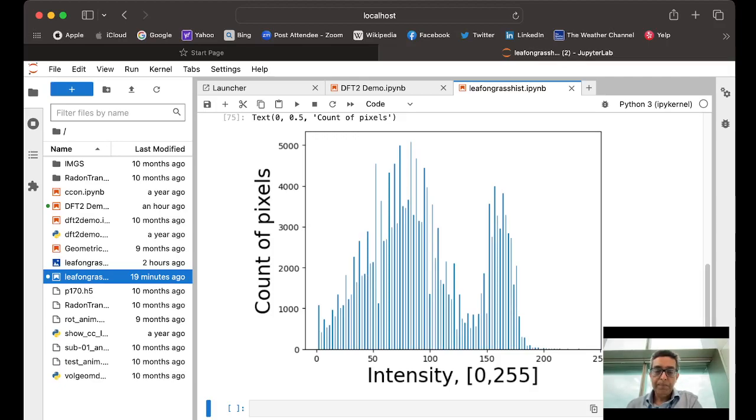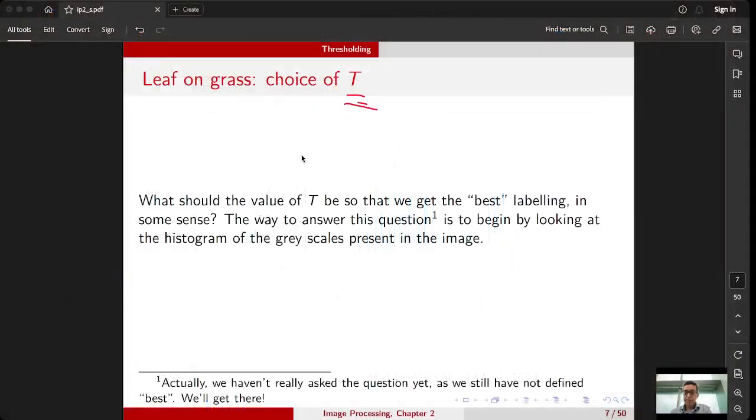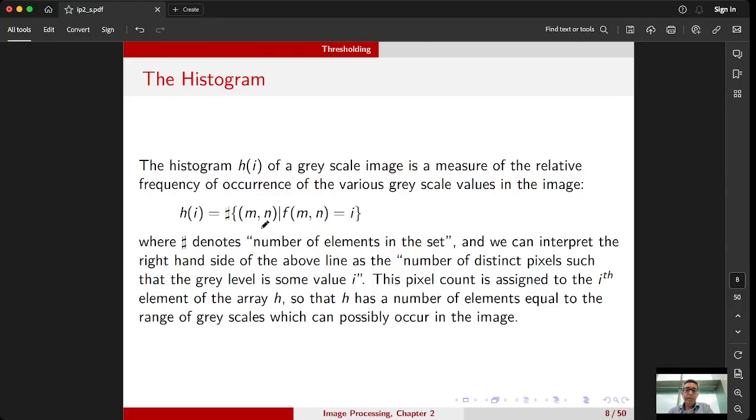So let's now go back to looking at the representation of this in the notes. If we were to produce a histogram in which we had a bin for each possible intensity, then this is the way that we would represent that. The hash here represents count, it doesn't represent hashtag.